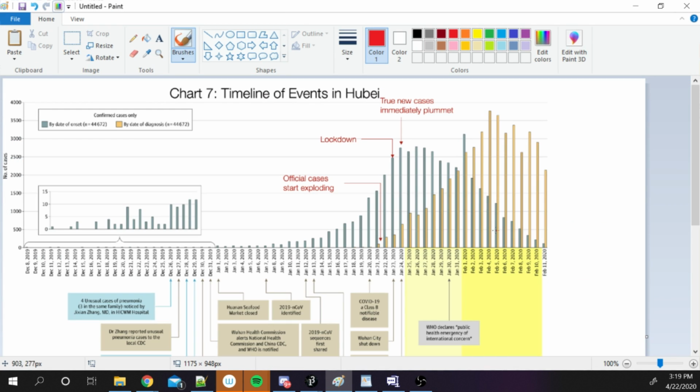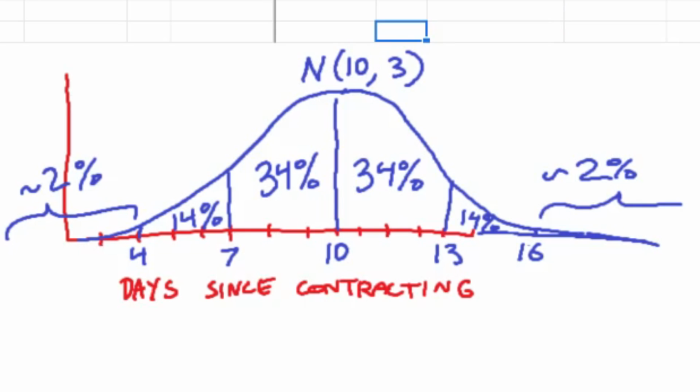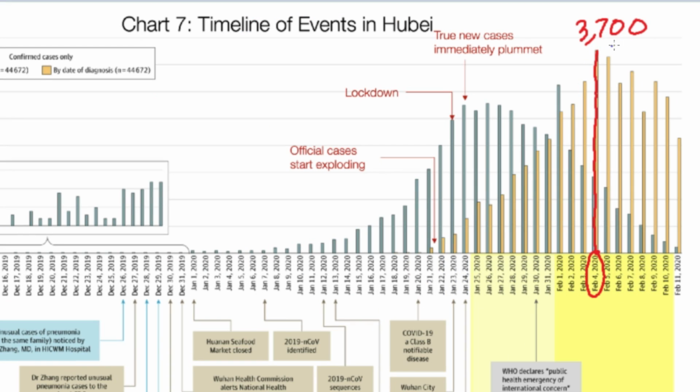So first let's focus on one day. February 4th, which is this orange bar right here, seemed to have the most reports of coronavirus at around 3,700. But knowing the shape of this graph, we could say that of these 3,700 people who tested positive on February 4th, a good chunk of them actually got the virus 10 days earlier on January 25th.